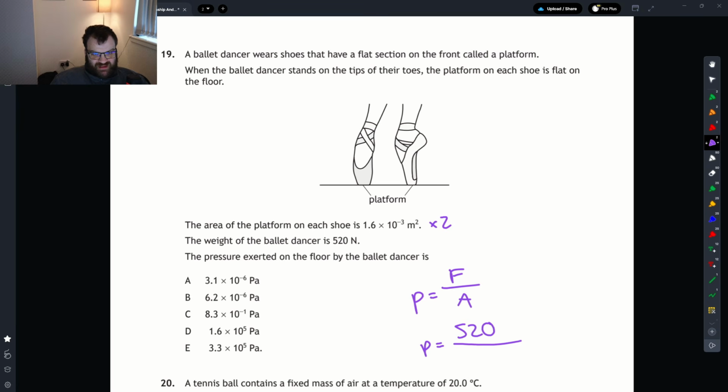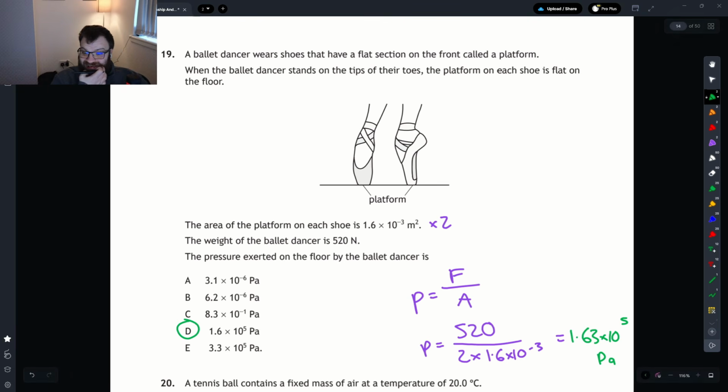Well, the ballet dancer is contacting the floor with both shoes, which means I'm going to have to use 2 times the 1.6 times 10 to the minus 3. Plugging that all in gives 1.63 times 10 to the power of 5 pascals. That's looking like D for that one.